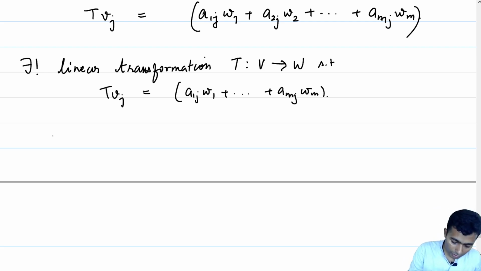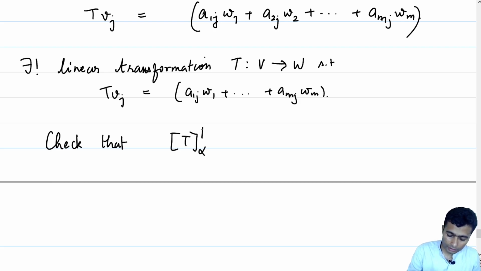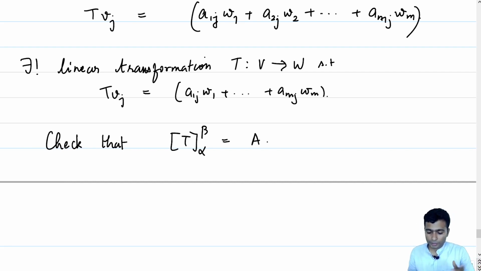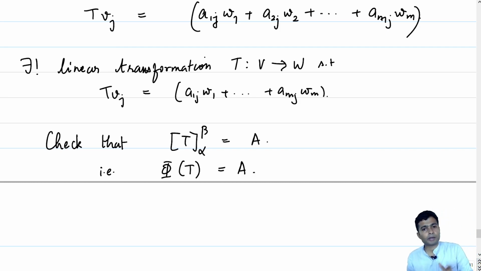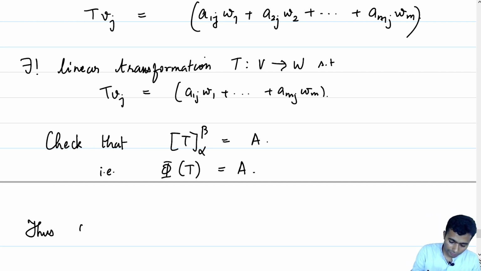And what is the matrix of T with respect to alpha, beta? Check that this is equal to A. But what does it mean to say that the matrix of T with respect to alpha, beta is A? It means that phi of T is equal to A. That shows that our map phi is surjective. So we have shown both injectivity and surjectivity. Thus, phi is an isomorphism.